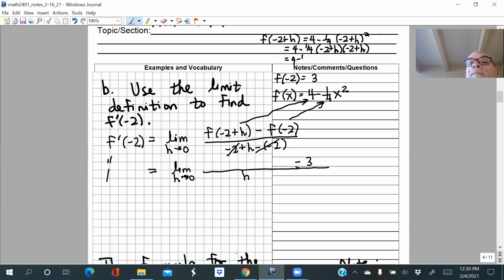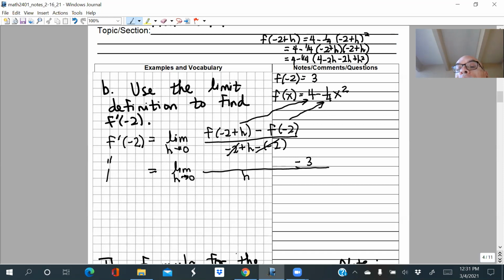So we have 4 minus 1/4 times, let's see, -2 times -2 is +4. Then -2 times h is -2h. Then h times -2 again is another -2h. And h times h, of course, that's the easy part. That is h squared.